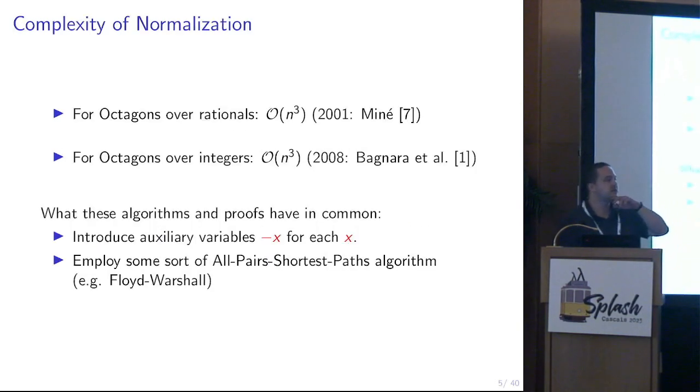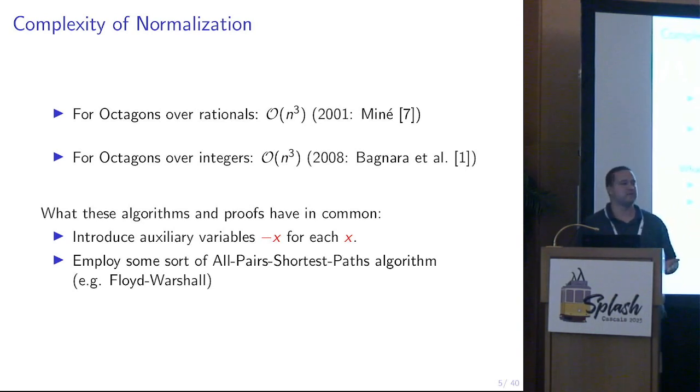Now, the complexity of this operation was already known right from the beginning to be cubic for octagons over the rationals. And then a bit later, 7 years later, it was shown that it's also cubic for octagons over integers. And Enea is one of the co-authors of this, so he's actually here. What all of these algorithms and proofs have in common is that they tend to introduce auxiliary variables, minus x for the negated value of the variable.